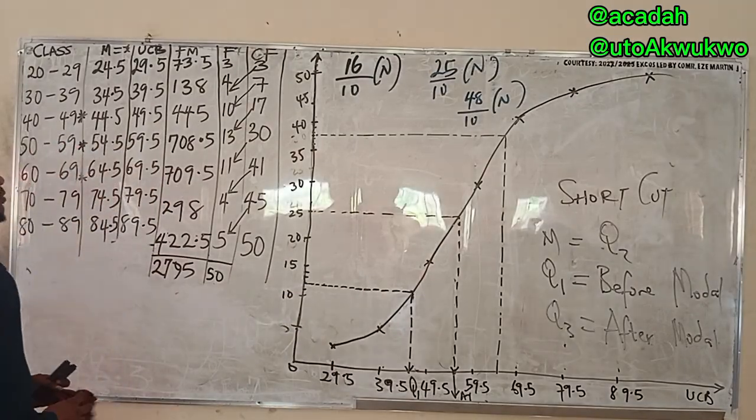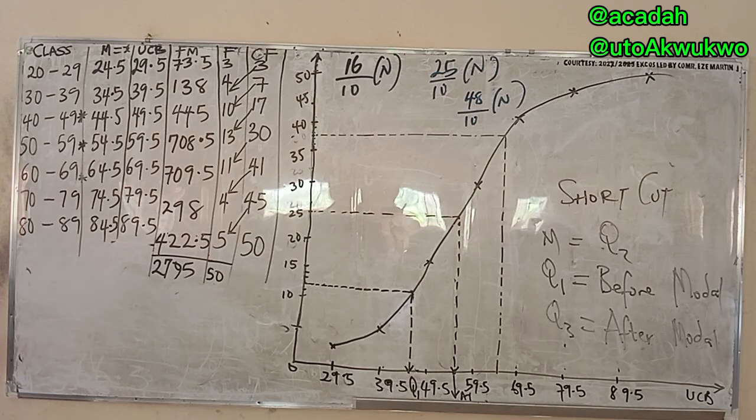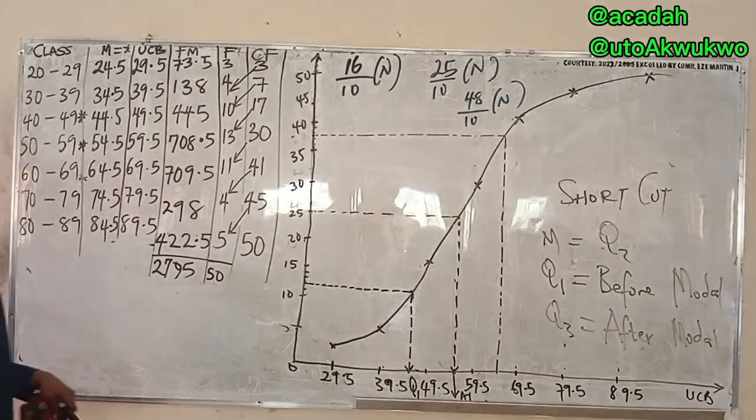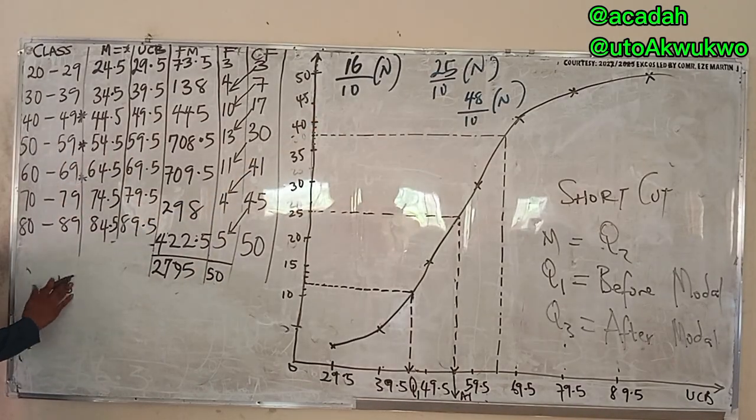So now, you can't find that side. Why? It's giving you 8 because we use the 25th. Let's check and see. 16 over 10 is 1.6.